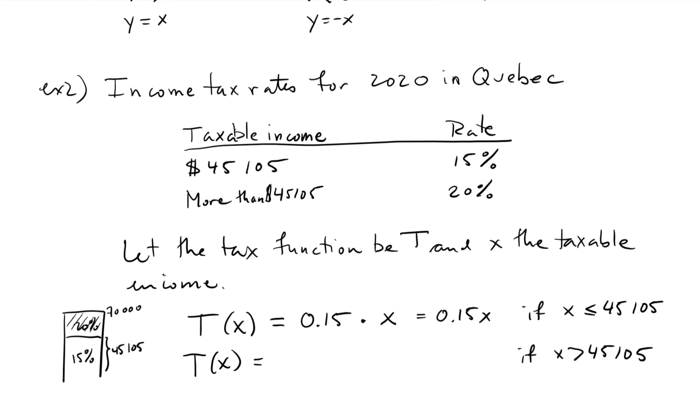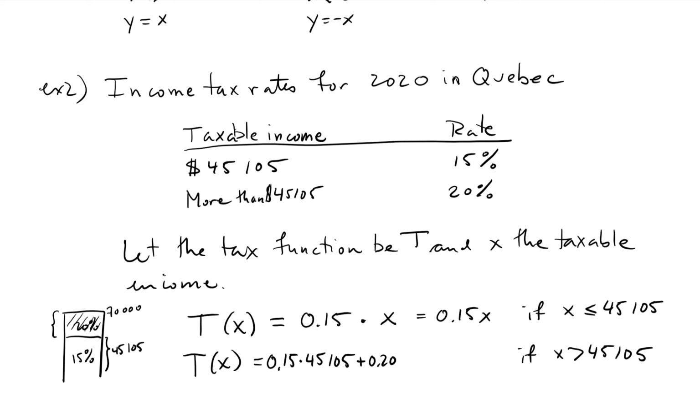After that, in reality, if you earn, let's say, 150, there are more tax brackets. So there are more rates coming up if you earn more. But like I said, below about $90,000, that portion between 45 and 90 is going to be taxed at 20%. So the way it's going to work for your function is that the government is going to take 15% of the first $45,105, and then 20% of the remaining portion.